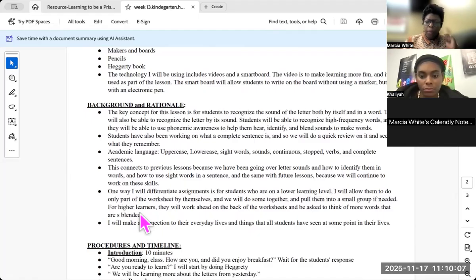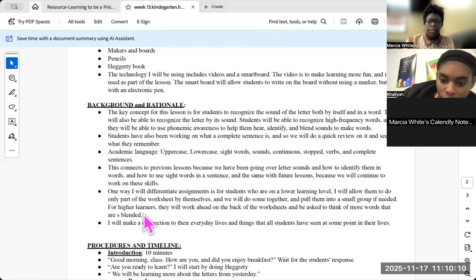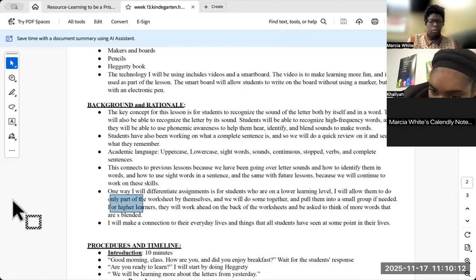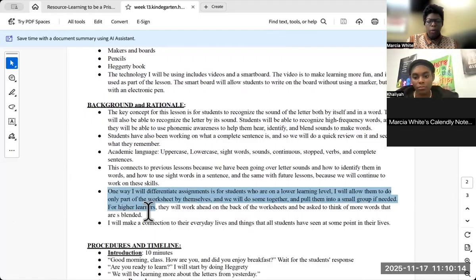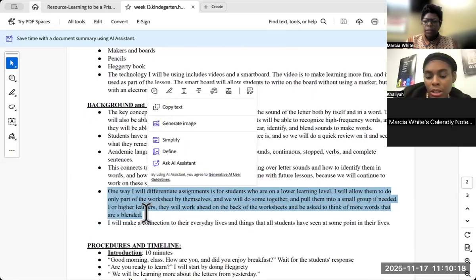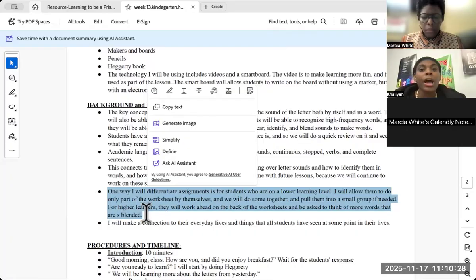Okay, so you said one way you would differentiate, I'm reading here from the lesson plan, is for the lower learners. For the first page on slide 52, where I will have them writing their beginning sound, I actually did that today, and the student that correlates with it did really well on her own.